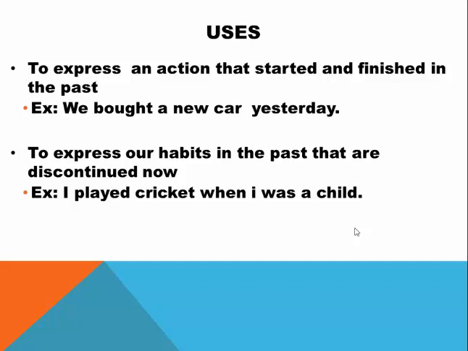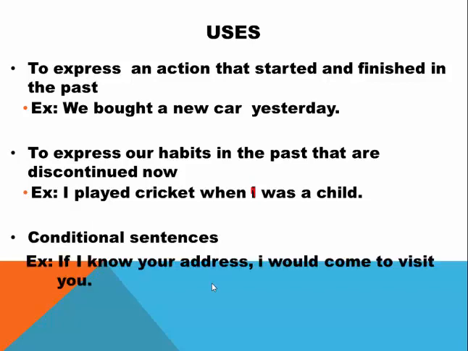I played cricket when I was a child. So it should be capital I. Now conditional sentences can also be expressed. So: if I know your address, I would come. It's wrong here.